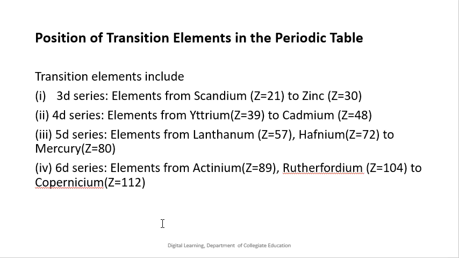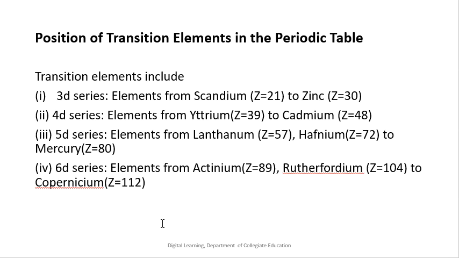The third transition series is the 5d series, which consists of elements from lanthanum, followed by hafnium with an atomic number of 72, up to mercury, which has an atomic number of 80.